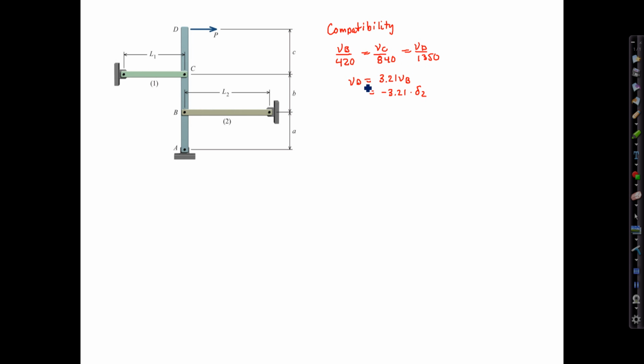So we said that VD equals 3.21 V sub B, which was related to the shortening of member 2. VD is negative 3.21 delta 2. Let's go ahead and substitute that in. VD is negative 3.21 using my FL over AE. This is F2 L2 over A2 E2.